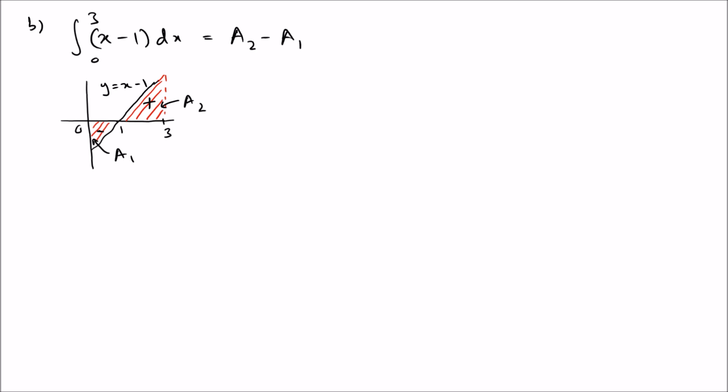But this one is very easy to find. We can find the length here. You can see when you plug in 3, you get 2 here. So that means a2 is simply 1/2 times the base length 2, because 3 minus 1, times the height, which is also 2. Minus 1/2 for the other one: base length is 1, height is also 1.